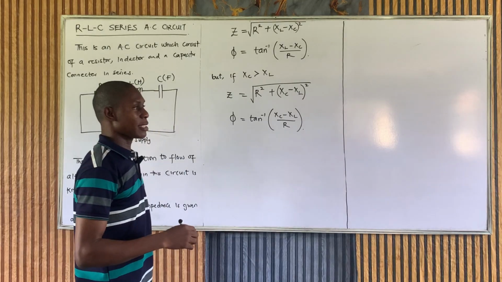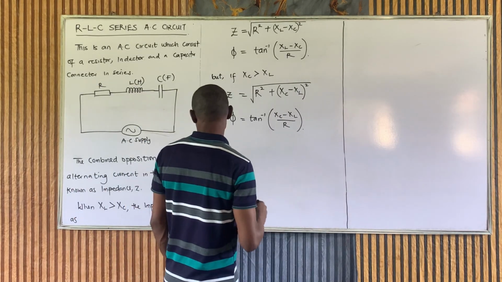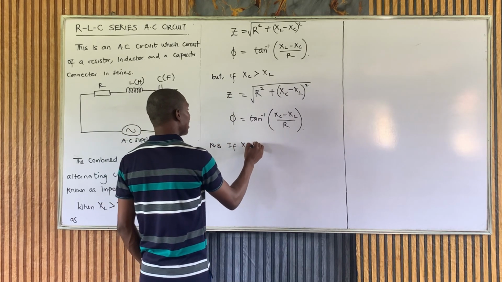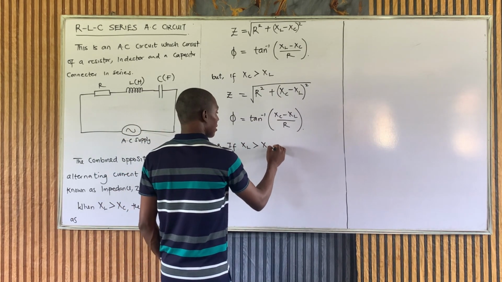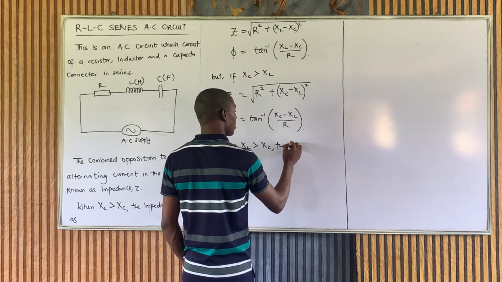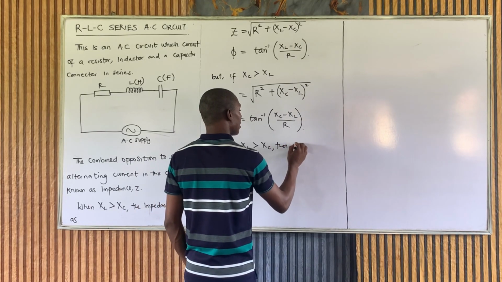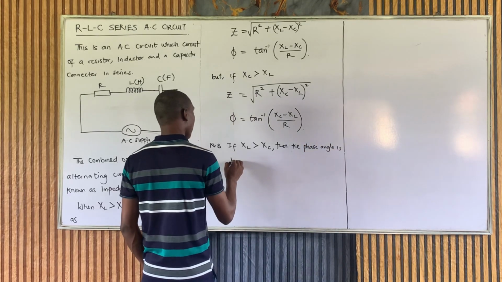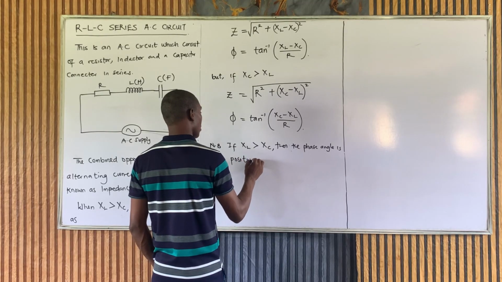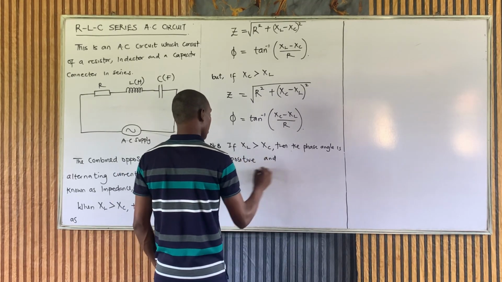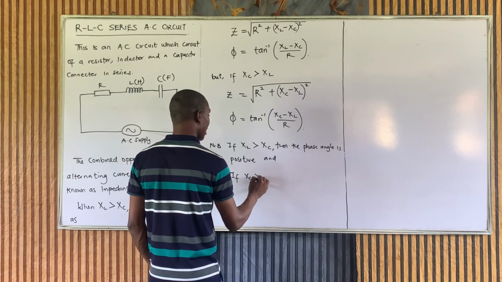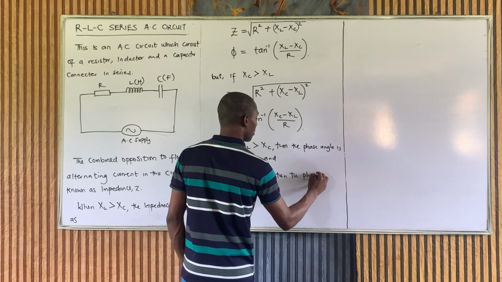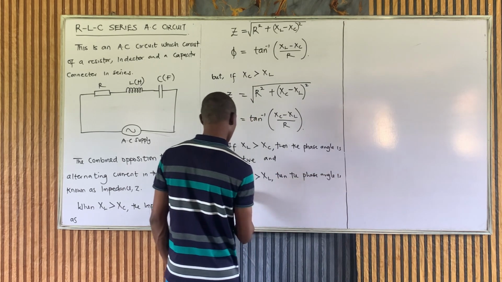Now, it's important to note here, let me put this as a note: if XL is greater than XC, then the phase angle is positive, and if XC is greater than XL, then the phase angle is negative.